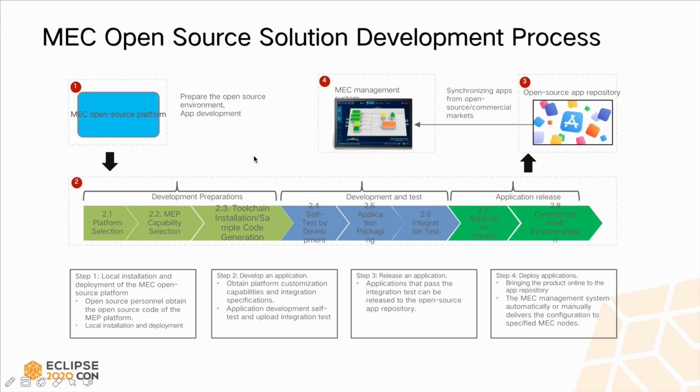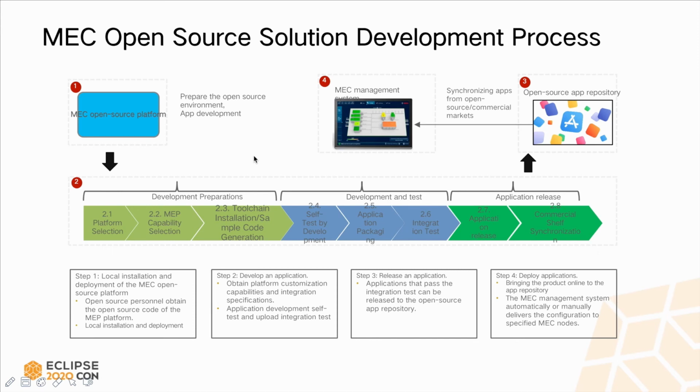The first step is to prepare the open source environment. Developers should download the open source 5G MEC software platform and choose a proper server to install it. That means developers could buy some servers, and they could also apply for sandbox resources from the open source community.